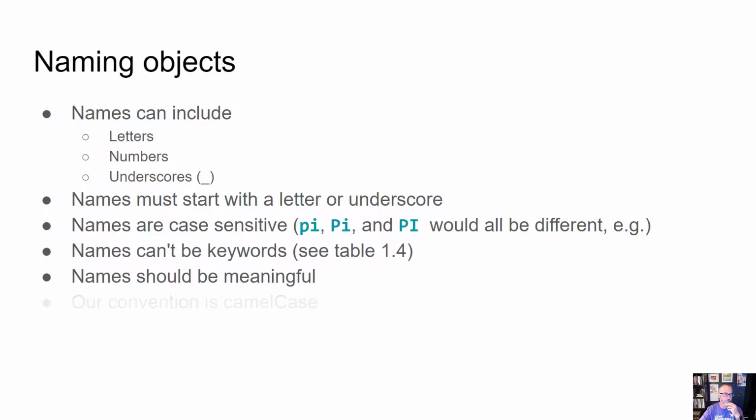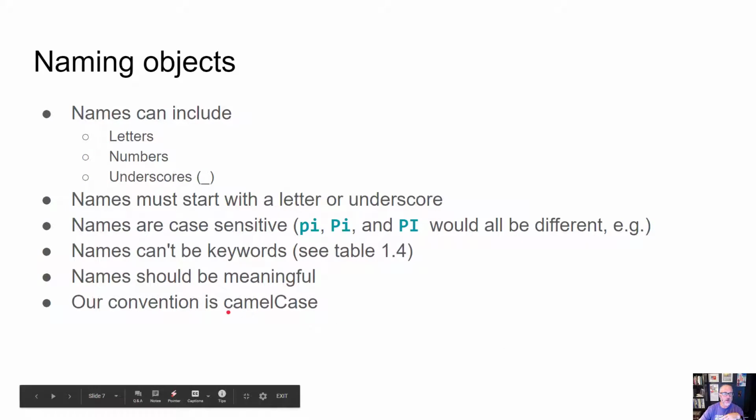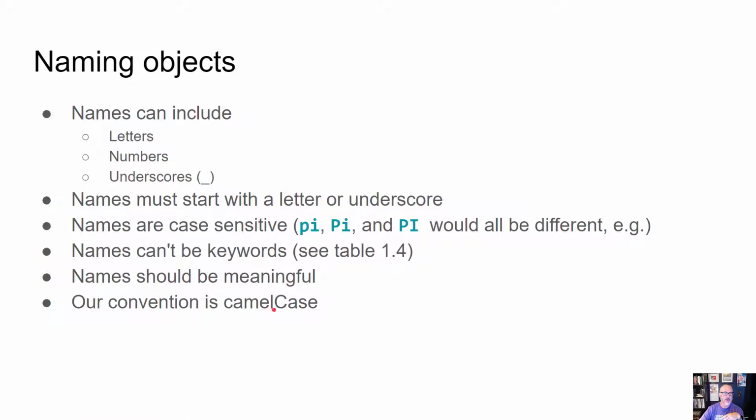Okay, lastly on variables, our convention is what's called camel case. So we'll always start variable names with a lowercase letter, and then if there's more than one word, every subsequent word has a capital letter in it. And that helps us understand where the word breaks are.